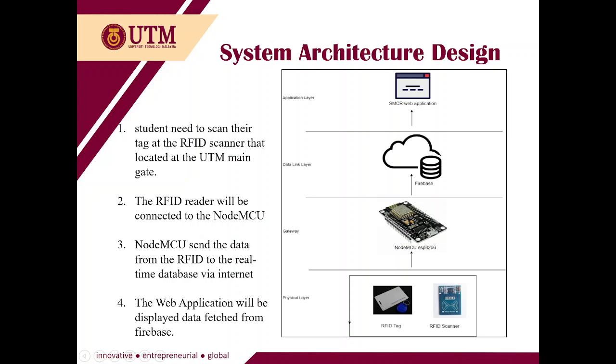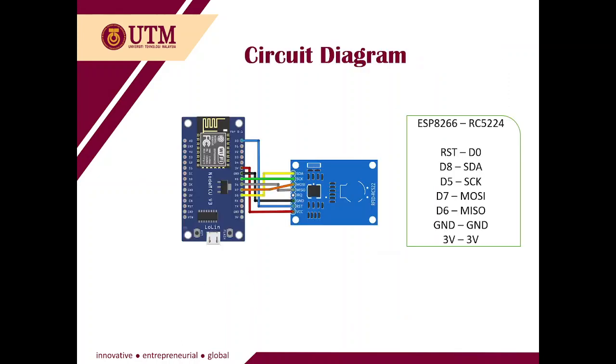First, students need to scan their tag to the RFID scanner, and the RFID reader will be connected to the NodeMCU. The NodeMCU will send the data from the RFID to Firebase via the internet. And the web application will display the data fetched from Firebase.